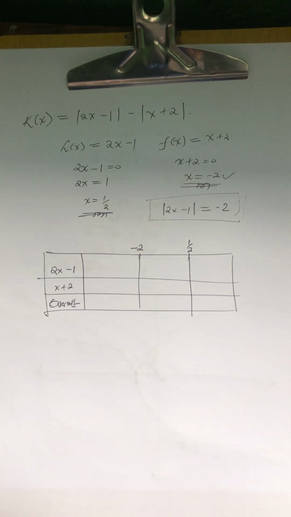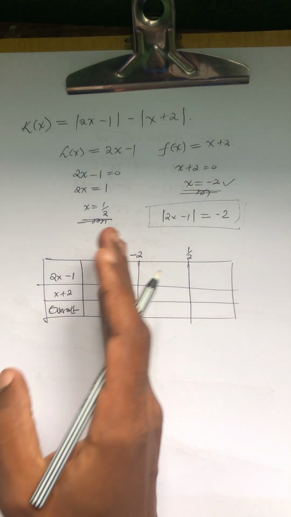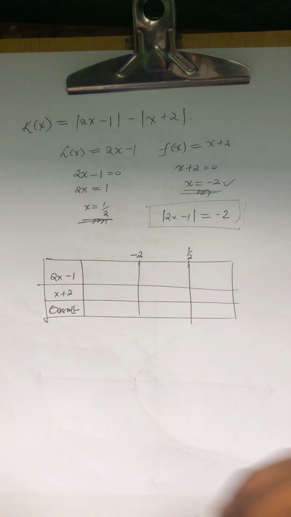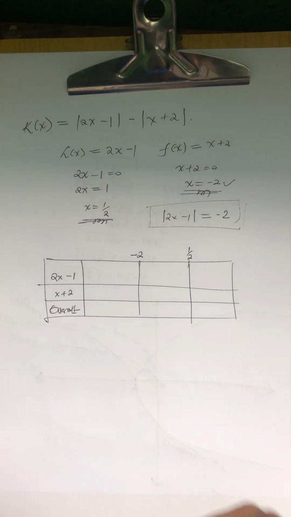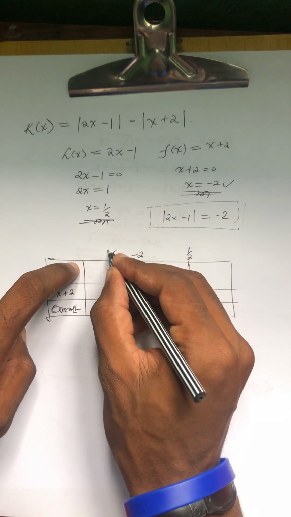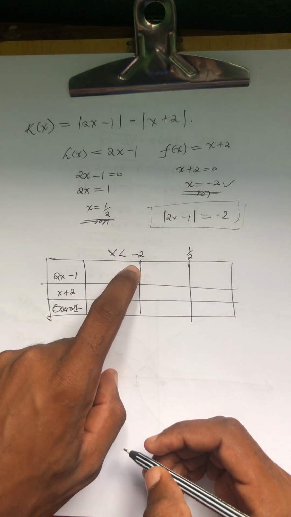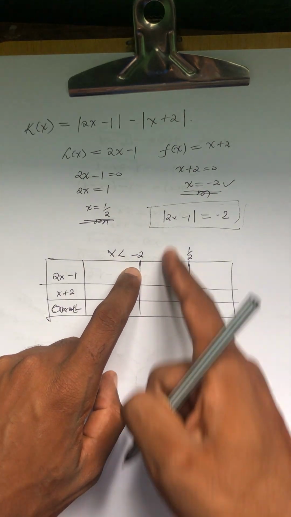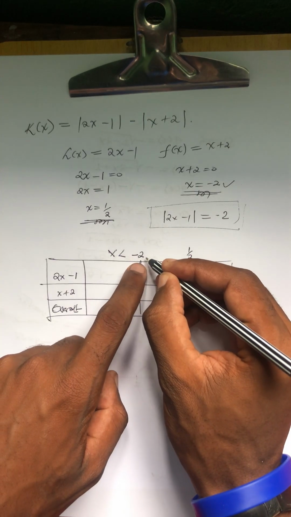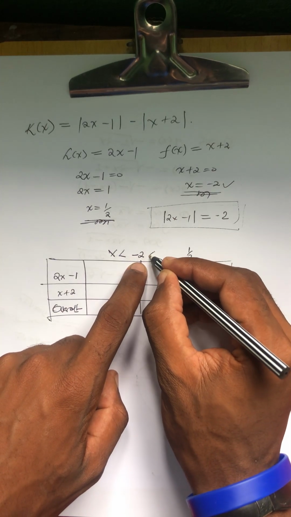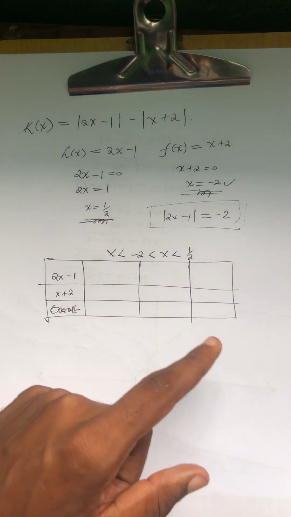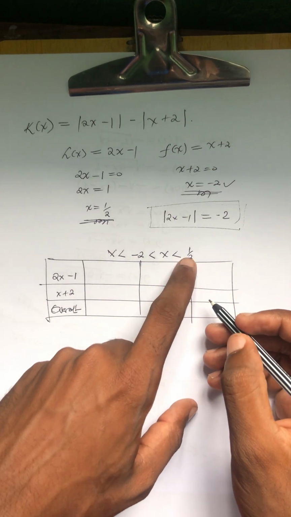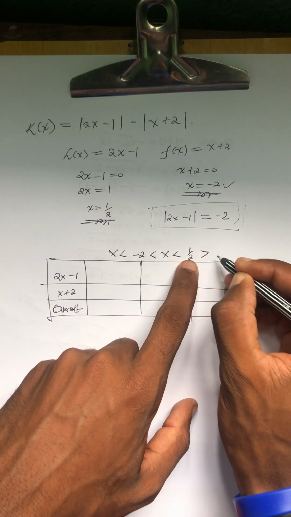Then we can say this is a region. So we have three regions now. This region is where x is less than -2. And we have this region in between where -2 is less than x, which is less than 1 over 2. And half should be greater than x.